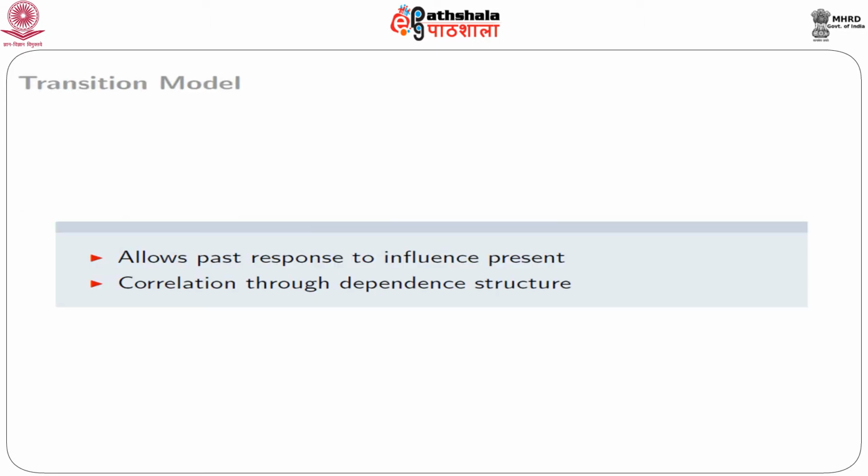A transition model allows the past value to influence the present observation. We all know that longitudinal data are correlated, and this correlation in context to a transition model is explained by incorporating the past values while explaining the present observation. So, we can say that the model explains the correlation by using the dependent structure of the present value on the past value.